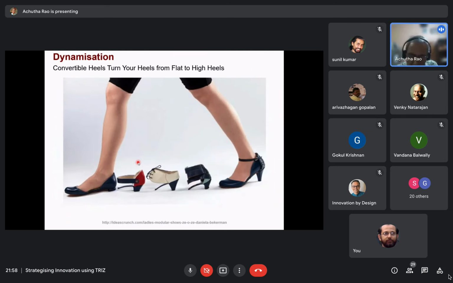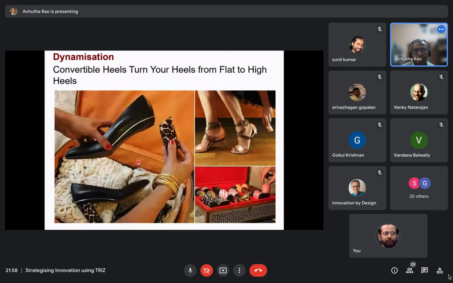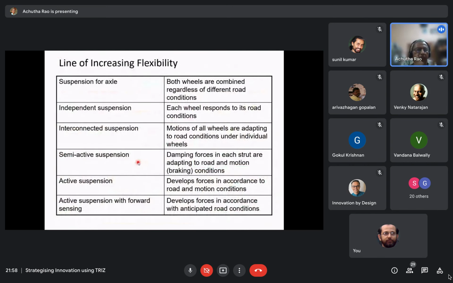They are all sold in the market, gentlemen. Okay, so let's take the automobile axle. Suspension goes from single independent suspensions to interconnected suspensions, active suspensions, and active suspension with forward sensing. The future vehicles, at least for defense, could travel anywhere with this kind of suspension. Okay, this is the predicted trend.